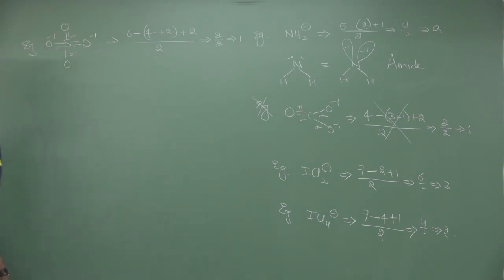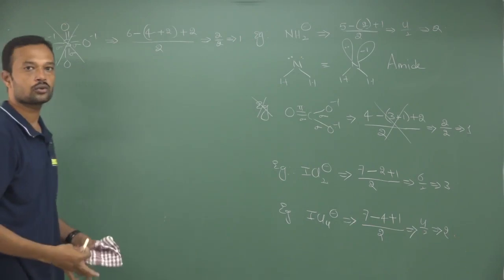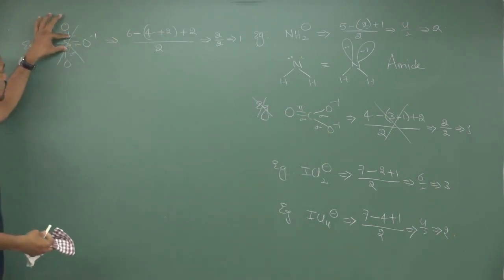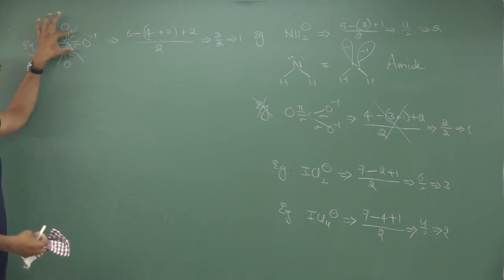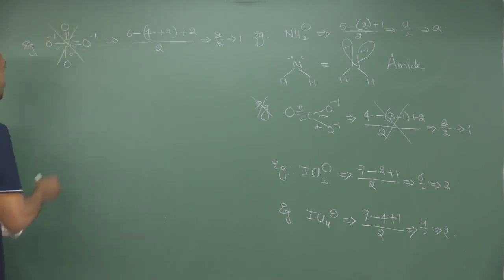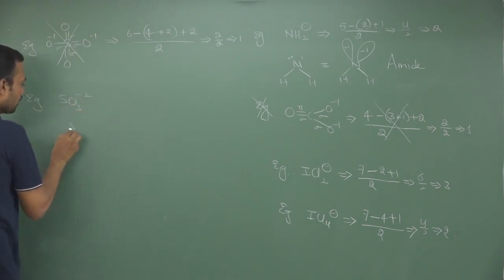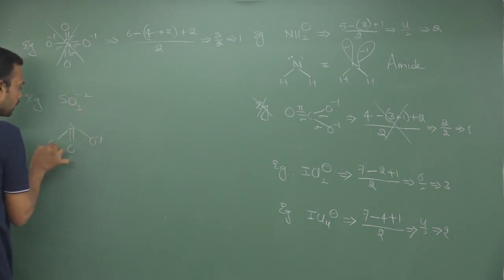So it won't work. Why? Because it is involved in resonance, so that's why these formulas are not going to give accurate answers in this one. Mostly there is no such lone pair of electrons present in order to calculate the answer. Okay. Now here S2O3 minus 2, you know very well, S double bond O, minus 1, and here also O minus 1.